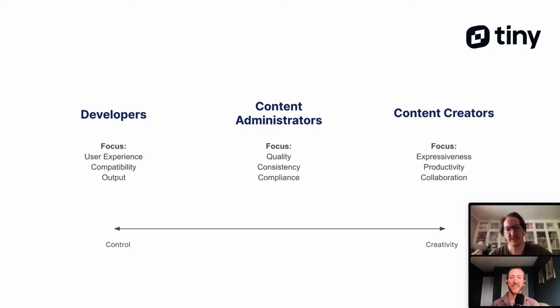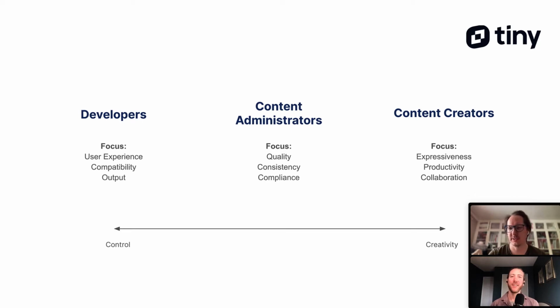So when you plan your CMS, you should account for the following 3 personas. You have your developers, your content administrators, and your content creators. For your developers, you want to focus on the user experience, making the editor fit into the app, and you focus on the compatibility and the output, for example, SEO, responsive stuff, and stuff similar.